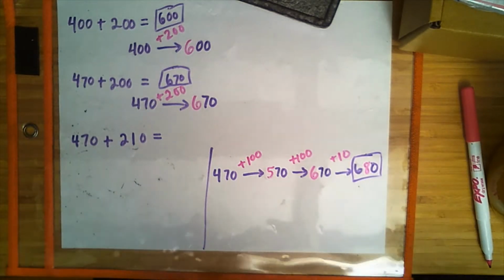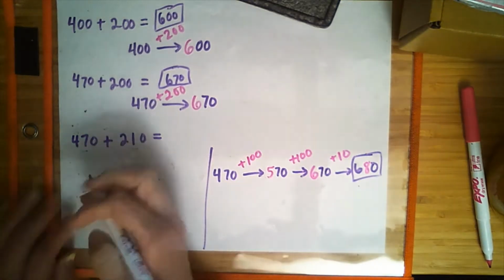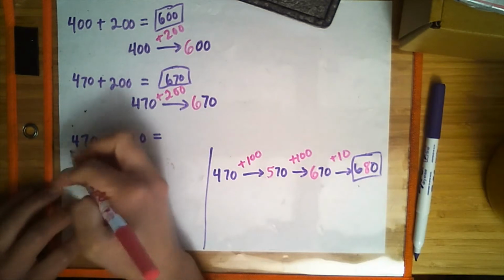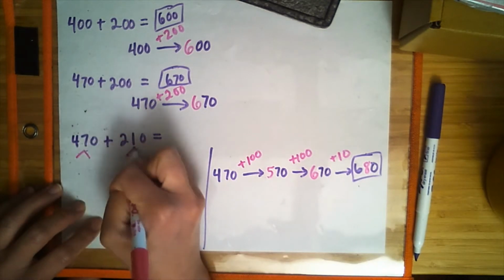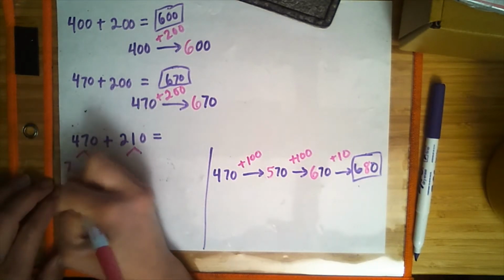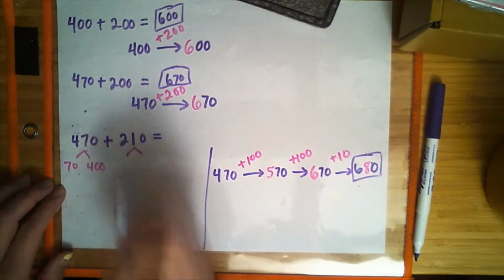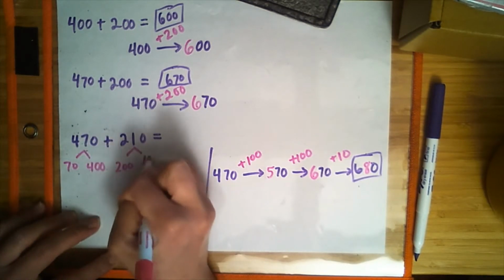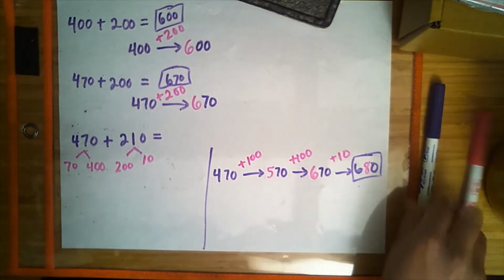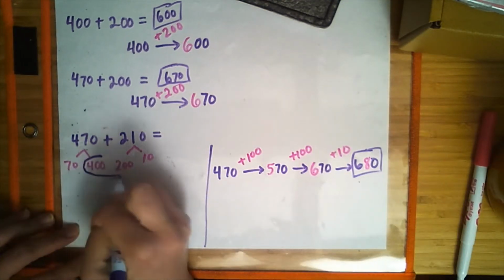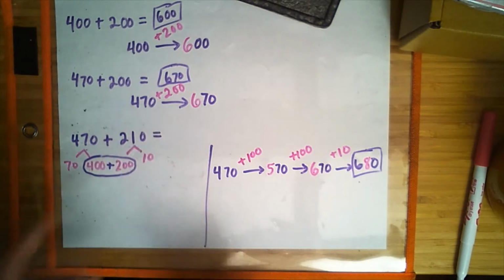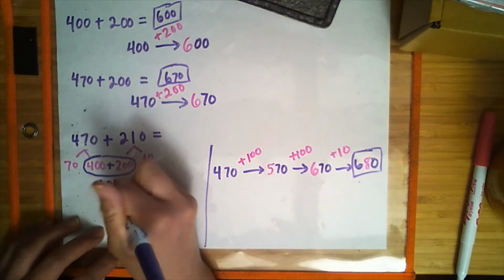Let's see if that's true with our mini number bonds. Let's go ahead and do that. I'm going to break up 470 into 70 and 400. I'm going to break up 210 into 200 and 10. I'm going to combine my hundreds, which is 400 plus 200. That gives me 600.